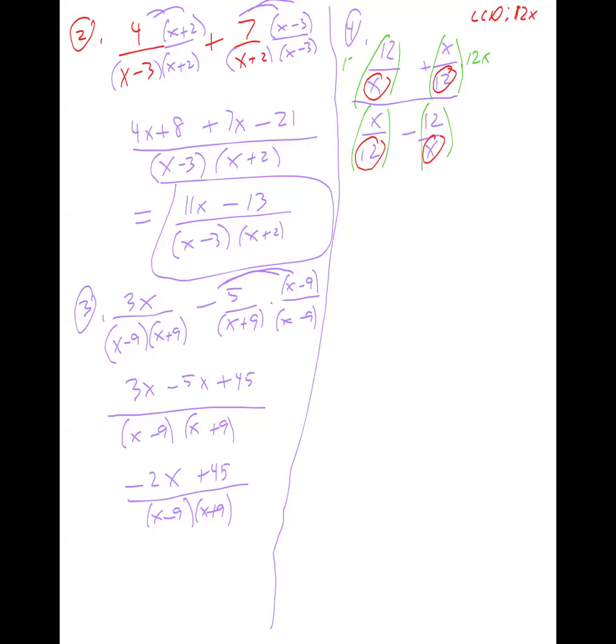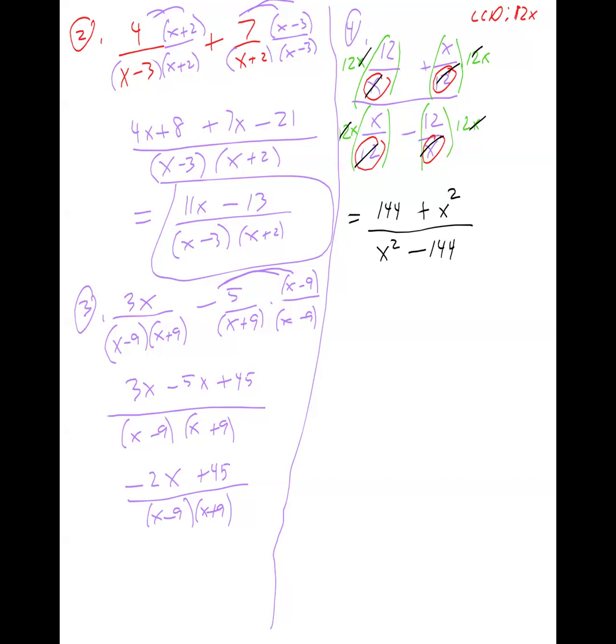12x, 12x, 12x, 12x. Then cancel. So the x cancels, 12 cancels, 12 cancels, the x cancels. So you're left with 12 times 12, which is 144, plus x times x, which is x squared, divided by x times x, which is x squared, minus 12 times 12, which is 144.